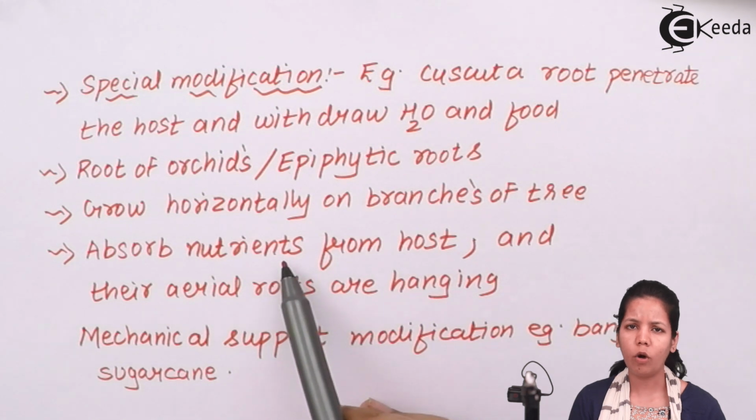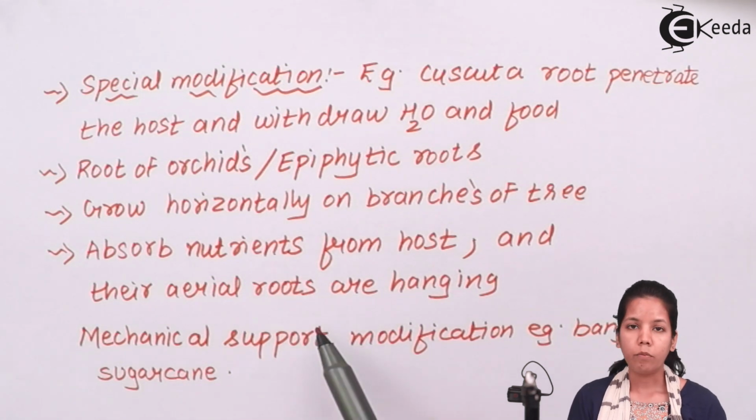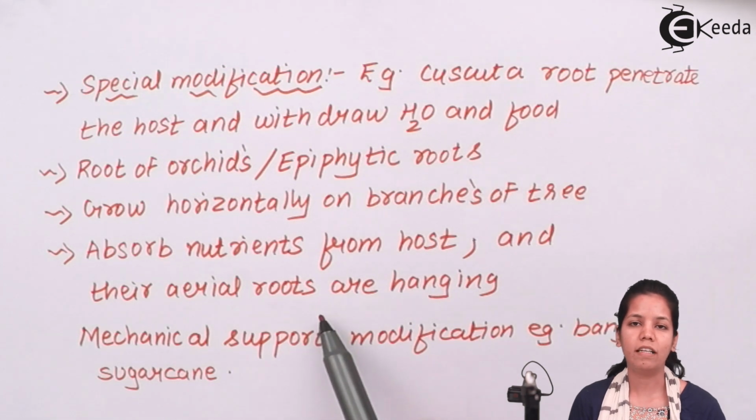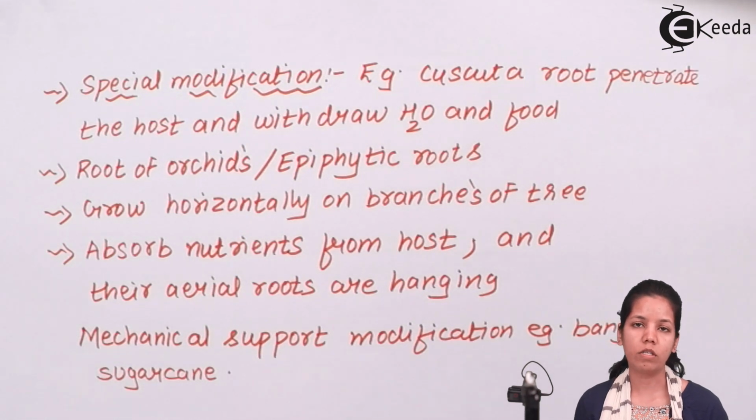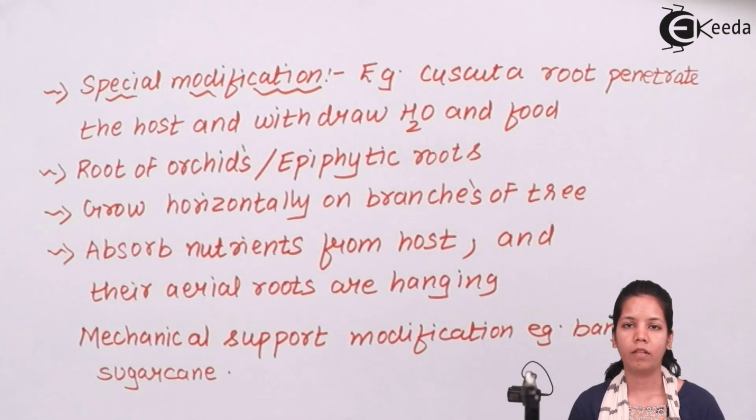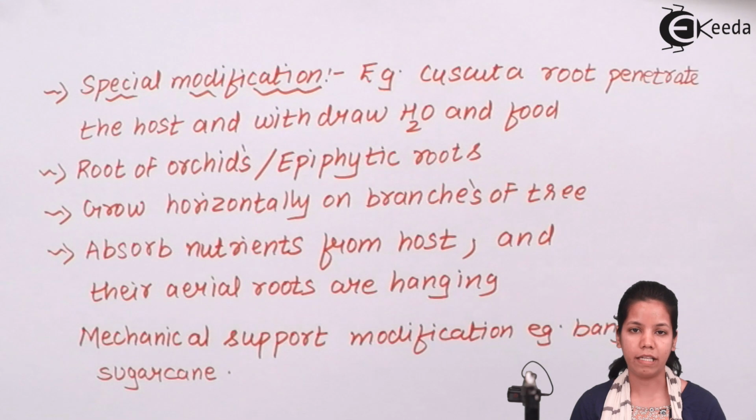It could be mango tree or any such big tree. They themselves do not take part in any process of photosynthesis, neither do they absorb water. So basically epiphytic roots are aerial or hanging and their roots never touch the soil. During special modification, basically the plants will not do any work itself and it will take nutrients from another plant.